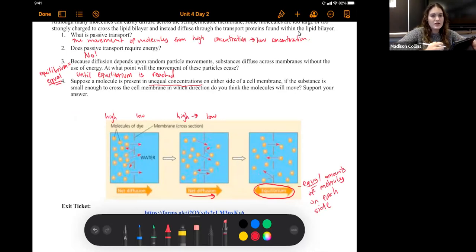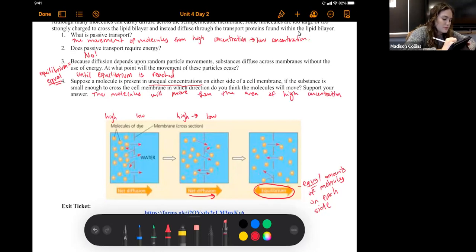Okay, so the answer there is the molecules will move from the area of high concentration to an area of low concentration until equilibrium is reached.